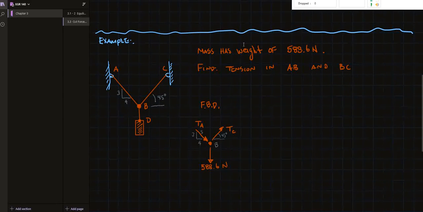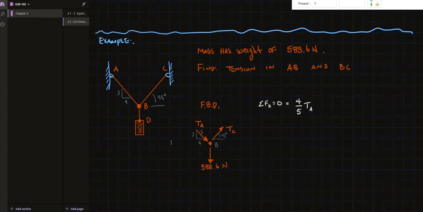So when you're in a problem like this, maybe you don't know where to start. One of the first things to do is just sum your forces in the x and the y direction. So let's do that. Sum of forces in the x, we know they're going to equal 0. And in the x direction, I have a force component due to this force, and that is going to be 4/5 of TA.